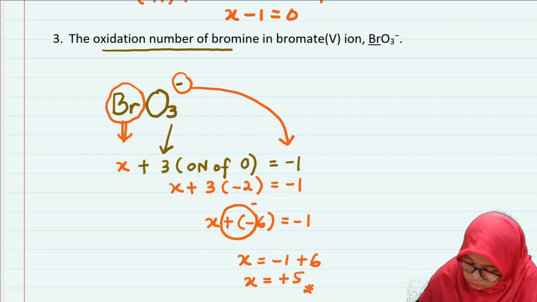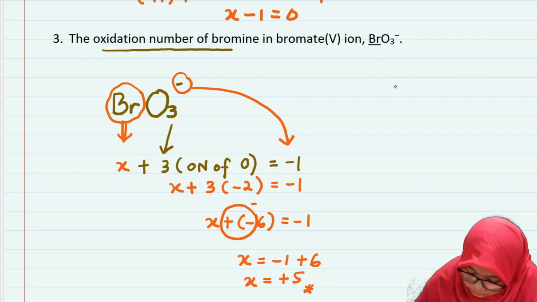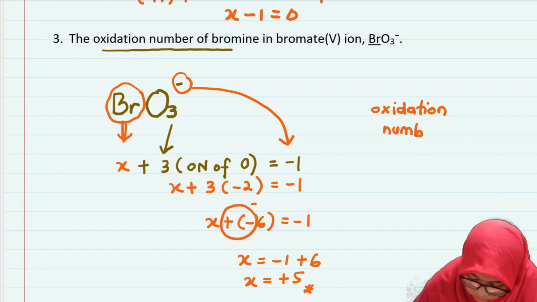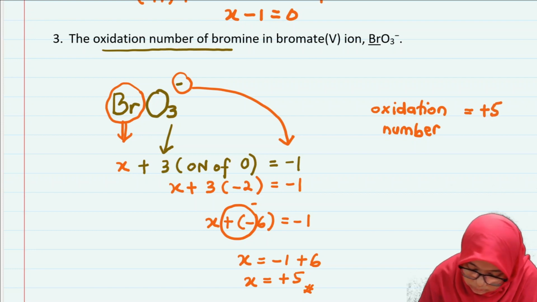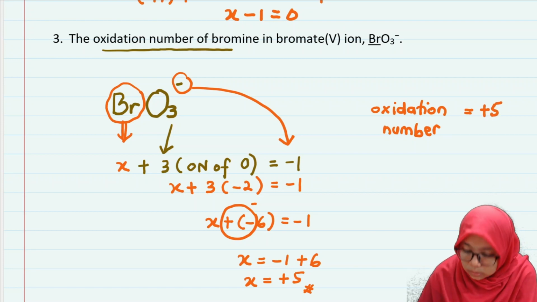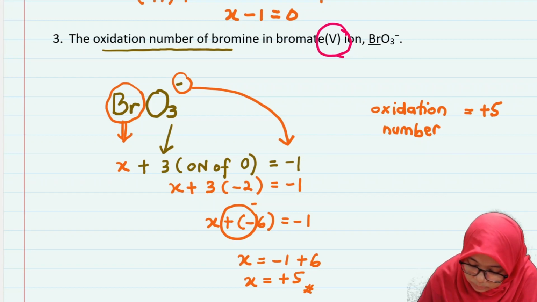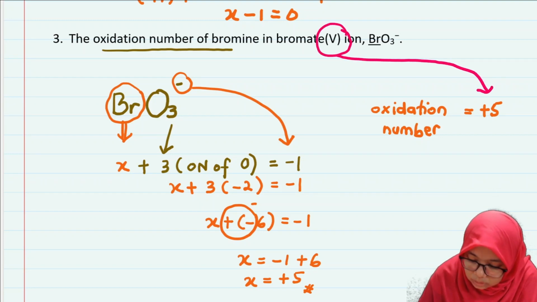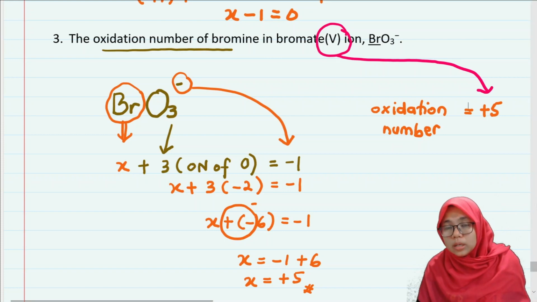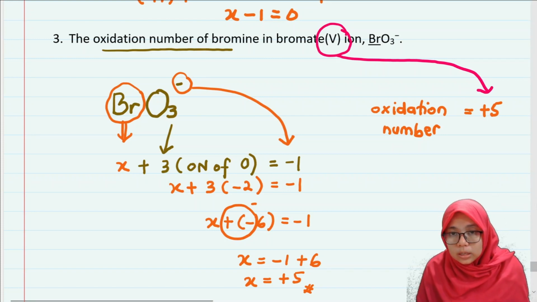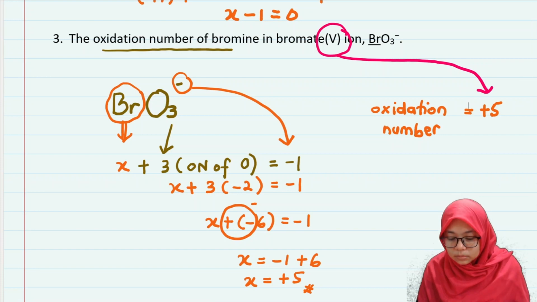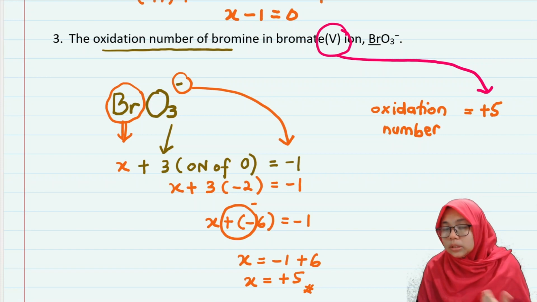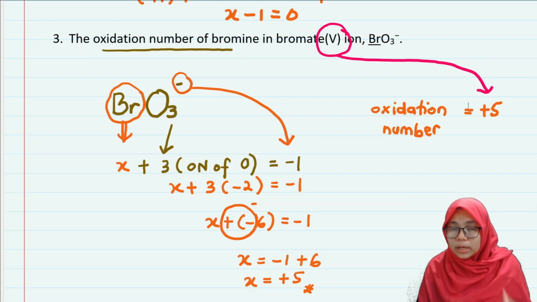This is the oxidation number for bromate, so we write here that the oxidation number for bromine in bromate is equal to +5. If you look at the name of the compound, you will see that the Roman numeral is actually referring to the oxidation number of bromine inside the polyatomic ion. This is how you determine the oxidation number of an element.